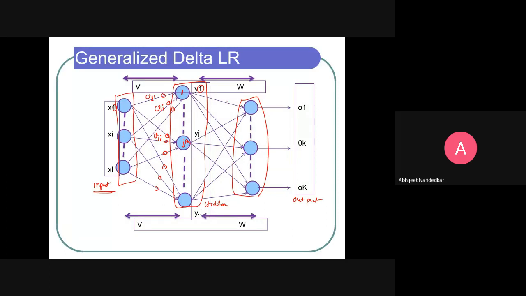Similarly, there is a weight associated with each of these connections for the output layer neurons. Suppose this is the first neuron, then I will call this W11, that is from the first neuron to the first input. Say this is the kth neuron, then this will be W_kj, because I am talking about this connection.